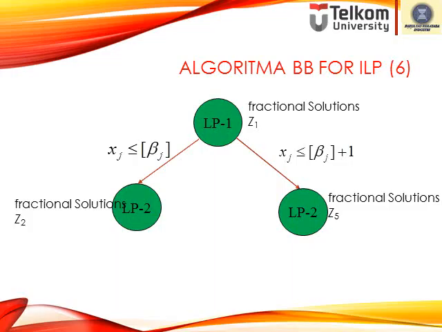This is the example of the LP1 fractional solution, Z1, and then we choose the variable xj. For LP2, it should be xg less than or equal to beta, and for LP3, it should be xg more than or equal to beta plus 1, not less than.